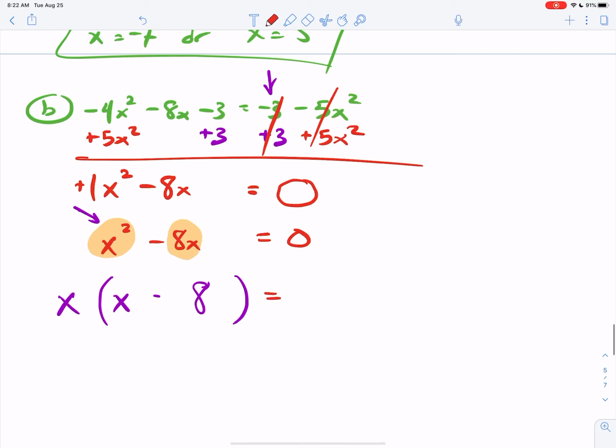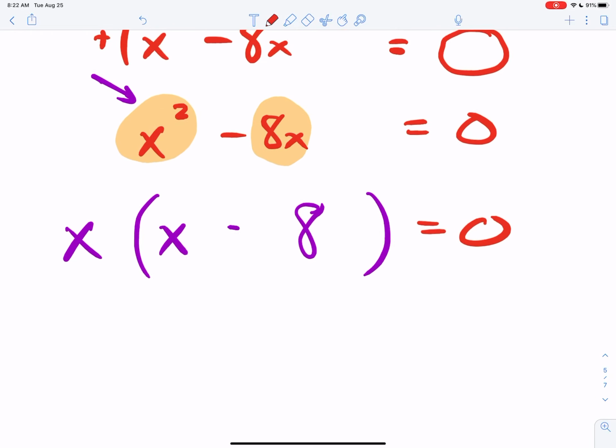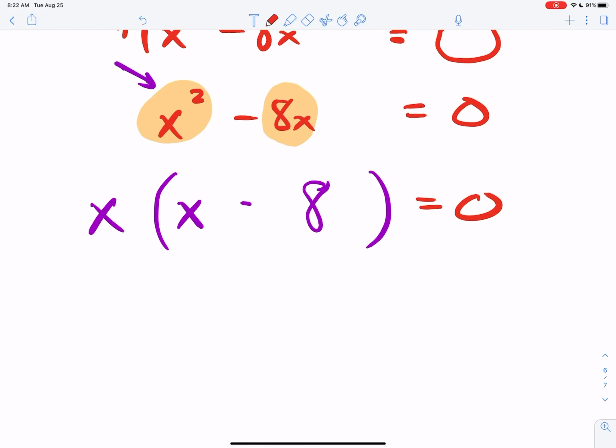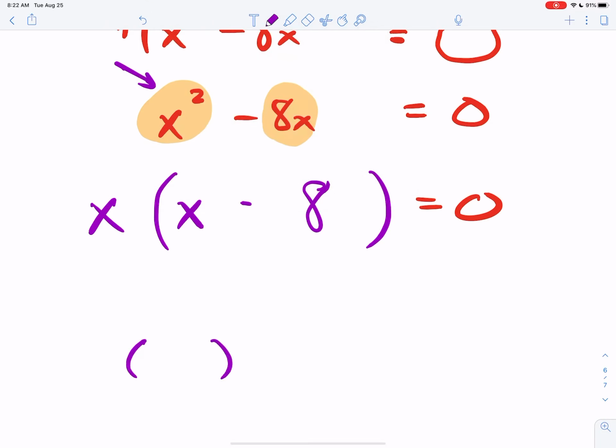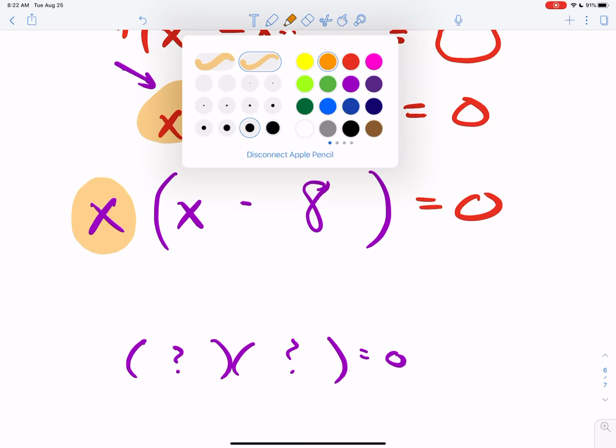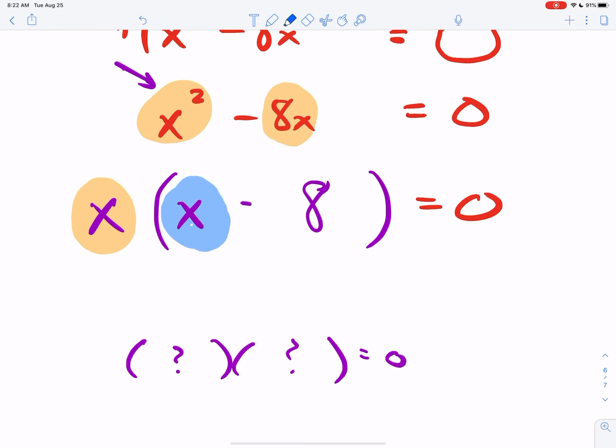Okay, so here's my question to you. Think about this very carefully. Do I have a 0 product property? Pause and play when you're ready. We do have a 0 product property here. It doesn't look like what we're normally used to, which is something like this, right? But we still have something times something else, right?